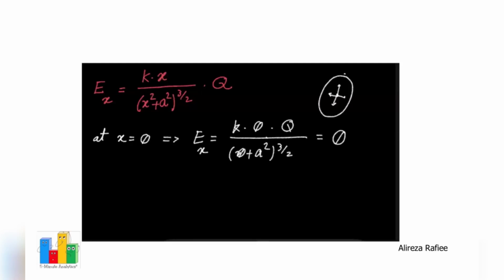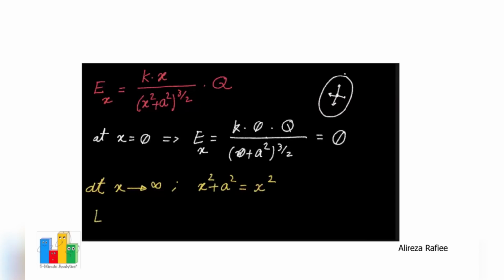The second place we can test is when x is very large. When x goes to infinity, I can claim that x² + a² becomes equal to x². When x is much, much larger than a, then x² + a² is exactly x². So I'm going to replace x² + a² with x² in that equation.